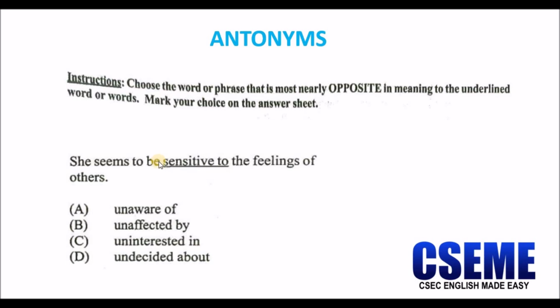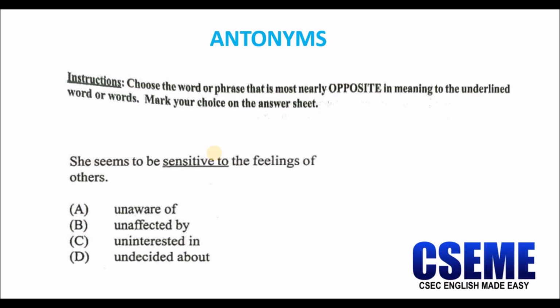She seems to be sensitive to the feelings of others, right? And we are aware of what sensitive to means, and I always encourage you to put it in your own words. Allow your brain to resonate what the word means based on your own understanding, your own experiences. Try to connect.